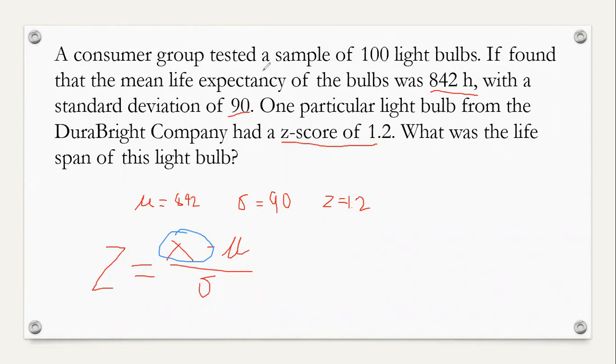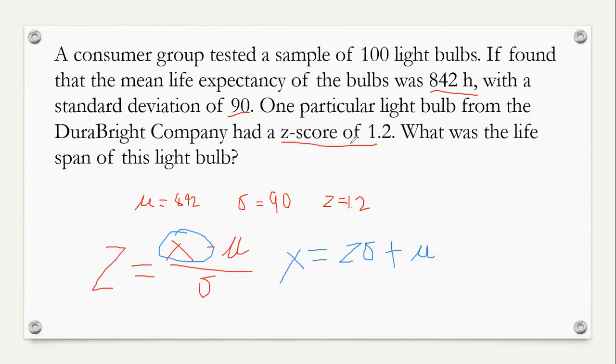Pwede munang i-derive yung formula. Pag dinerive natin yung formula for x, then that will be equal to x equals z times the standard deviation plus the mu. Tama ba? Ng derivation. Yan. Pag si x ang hinahanap, ito yung formula na gagamitin as derived from the original formula.